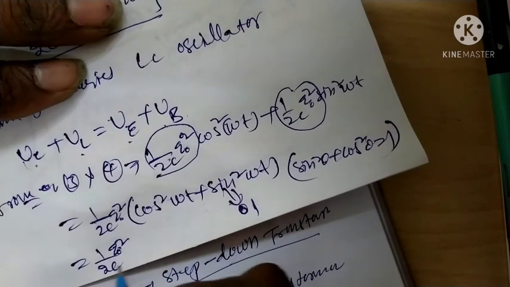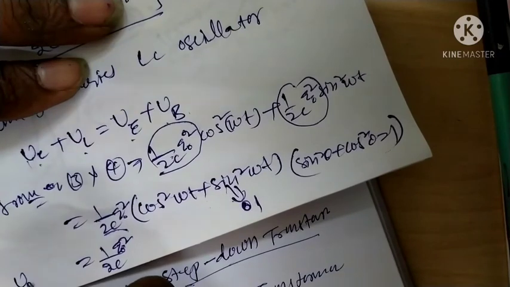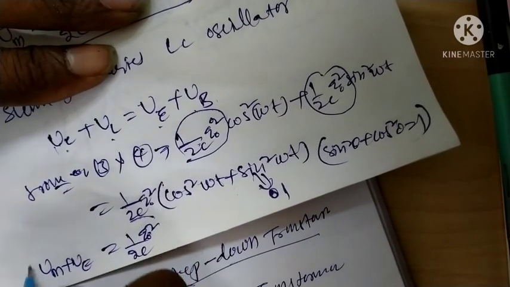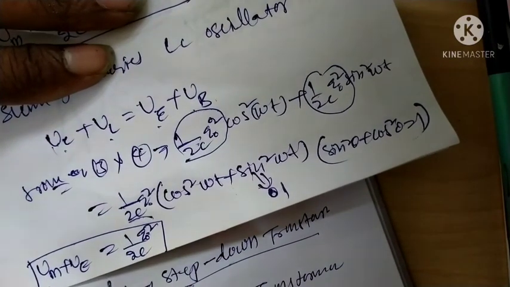This is independent of time, that is initial energy of the capacitor is converted into magnetic field. This is the sum of the energy, magnetic field and electric field, stored in the LC circuit or LC oscillator. Thank you.